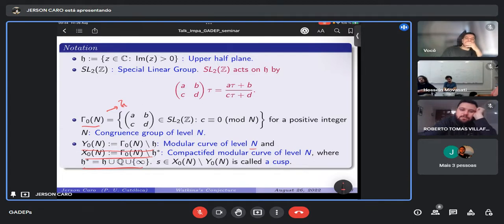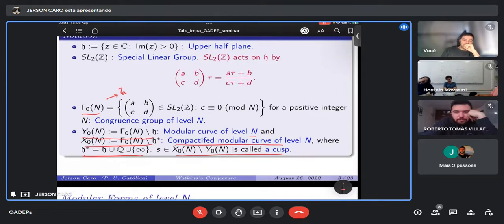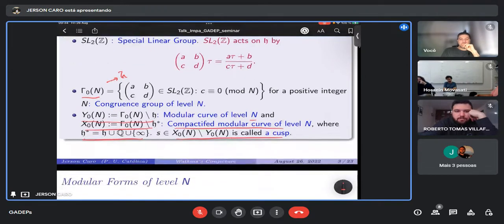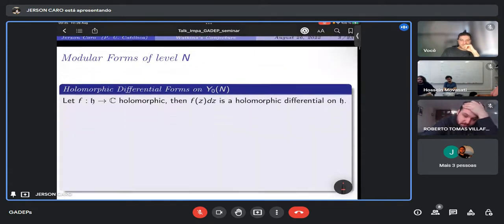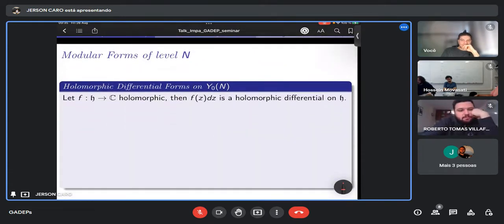In that case, we have the compactified modular curve, denoted by X_0(n). The points that we joined in X_0(n) are called the cusps of the modular curve.